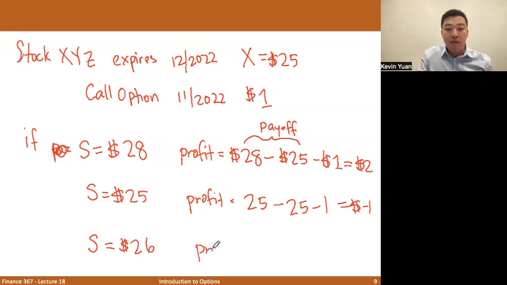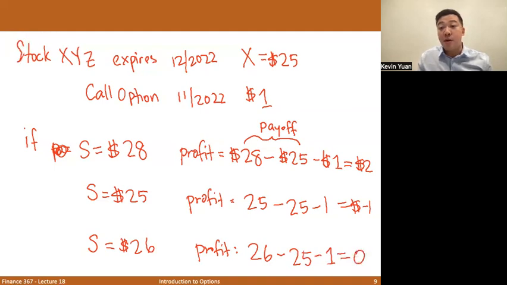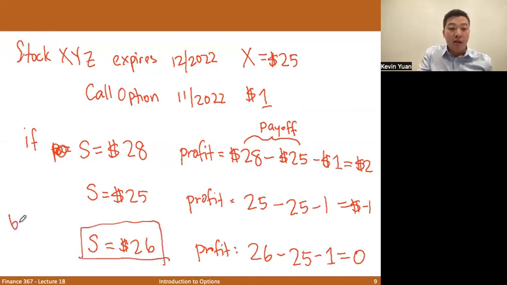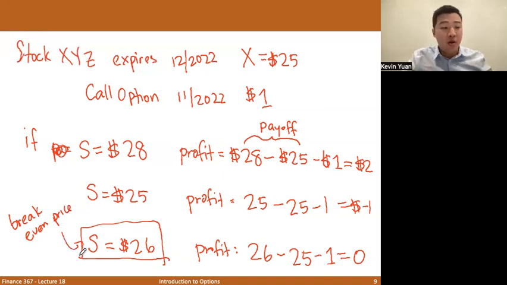Well, your profit, quite simply, is going to be 26. You can buy it for 25 because you're going to exercise it. You paid $1 for it, so your profit is going to be 0. So we're typically going to call the stock price such that a profit of 0 results the break-even price. Okay. And the break-even price, again, is the price at which you have a profit of 0 and break even.